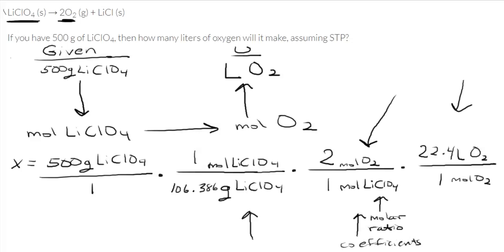Let's make sure my units cancel. Grams of lithium perchlorate are gone. Moles of lithium perchlorate are gone, and moles of O2 are gone. The only unit I'm left with is liters of O2, which is good because that's what I'm looking for. And now I'm going to do the math. So on a calculator, I'm going to open my parentheses.